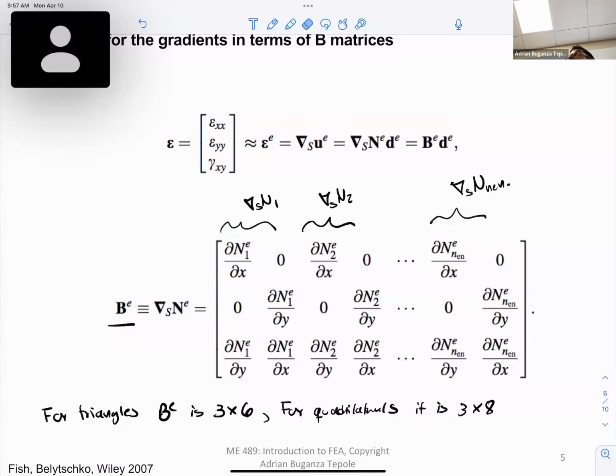For the quadratic quadrilaterals, which I think have 9 nodes, it would be 3×18. The quadratic triangles have, I think, 6 nodes, so it would be 3×12. Whatever the number of nodes is, times 2, that's the number of columns in the B matrix.